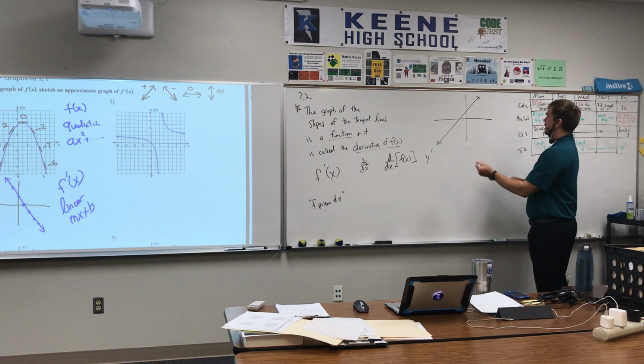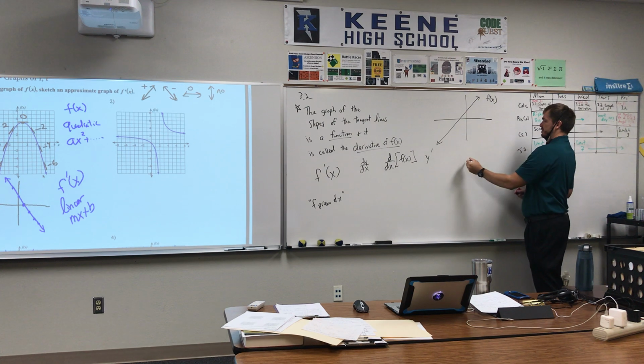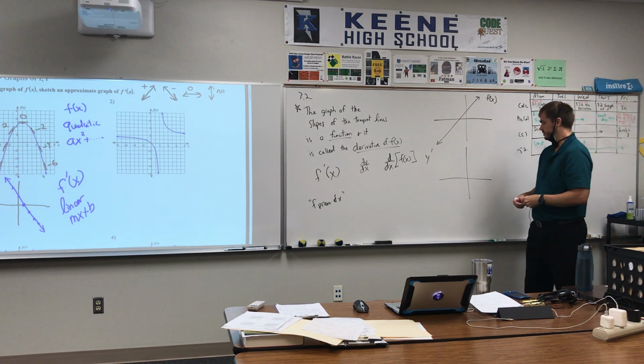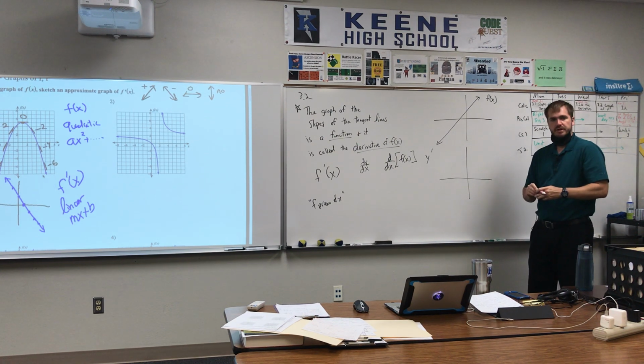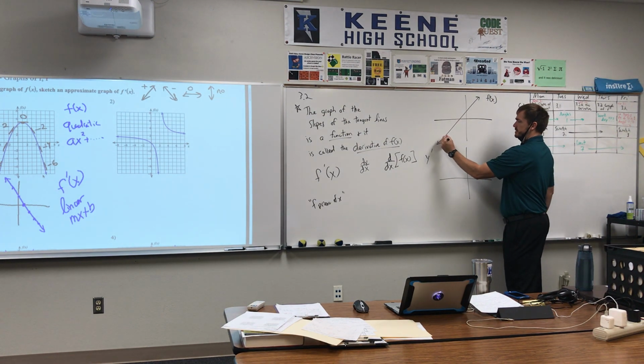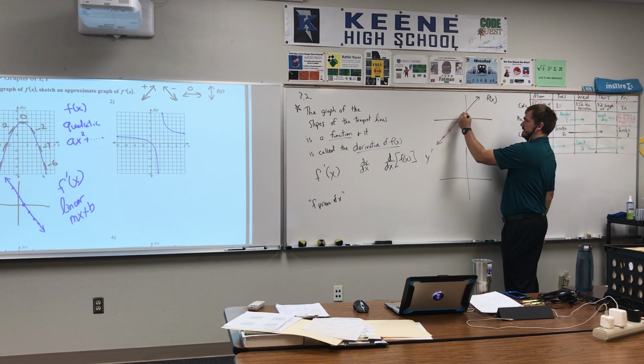So there's our function y equals mx plus b. Let's go ahead and do some local linearization on it, shall we? Right here, the slope looks like a line right there. Right here, looks like a line. Right there, looks like a line.